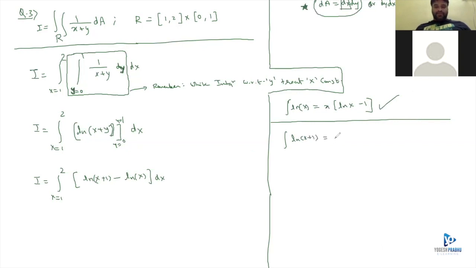This is 1 times ln x plus 1, right? You remember the first formula will come into action now? It's u times v. You remember the formula?